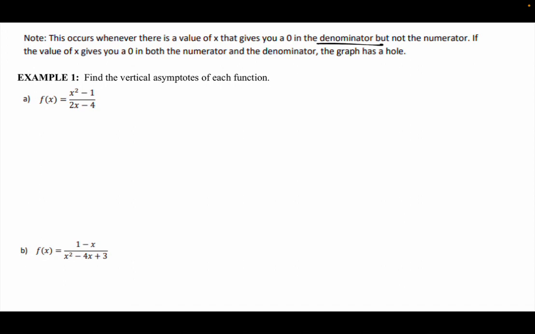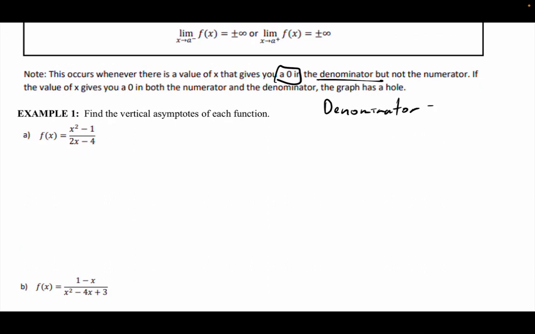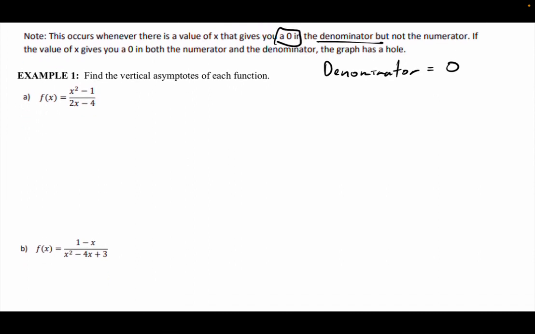Right? Where the denominator equals 0. Denominator, where does the denominator equal 0? So for this guy, I'm not even going to worry about the top. I'm just going to focus on the bottom. I need to figure out where the bottom is going to be 0. And you guys just said it's going to be at 2.